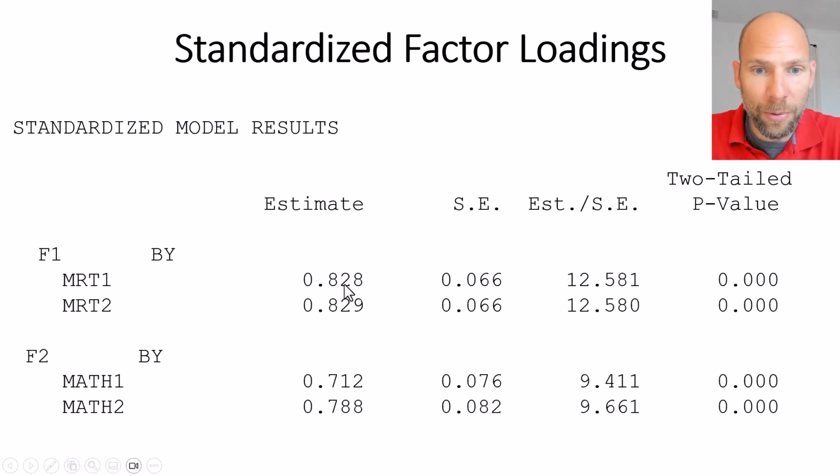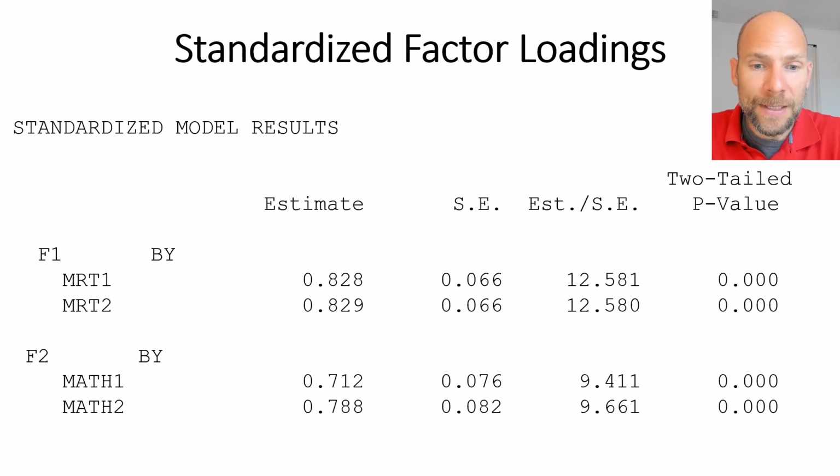So, for example, 0.828 is the correlation between MRT1 and F1. That's a fairly strong correlation, meaning this is a good measure of that factor. And the second standardized loading is also 0.829, very close. So both of these seem to be good measures of the mental rotations or spatial ability factor.